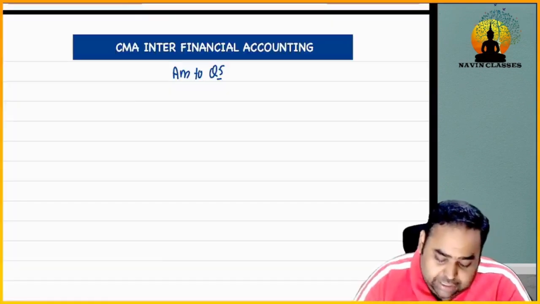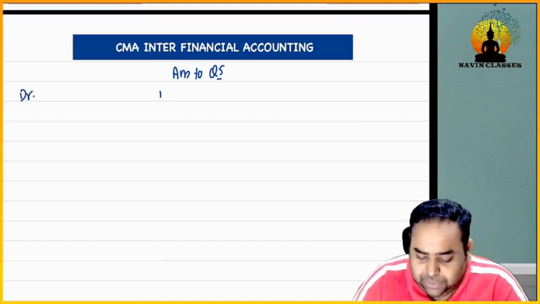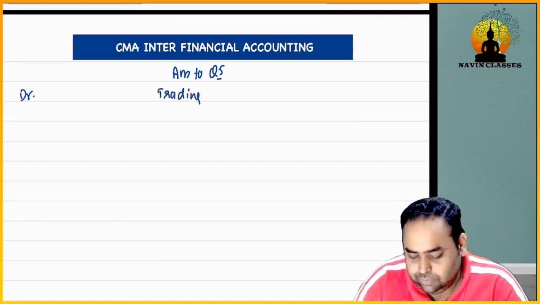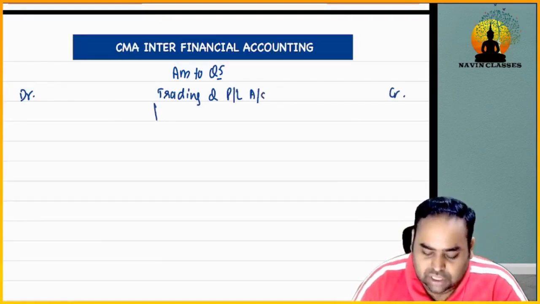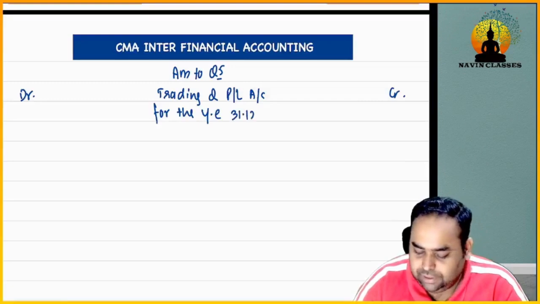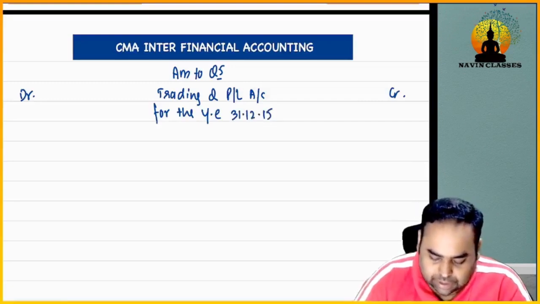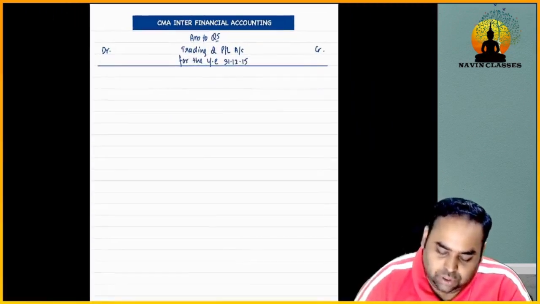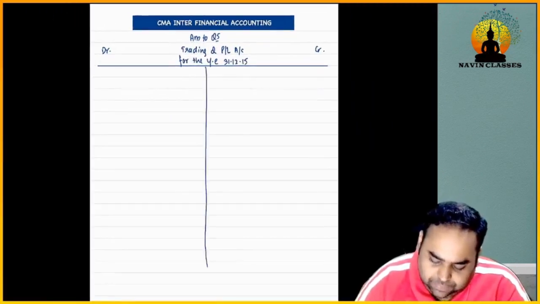If the name is not given, then I'm starting directly with trading and PL account for the year ended, date is 31st December 15. So it will be trading and PL account for the year ended 31st December 15.